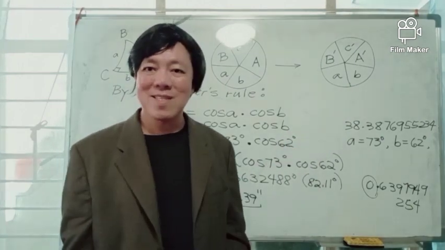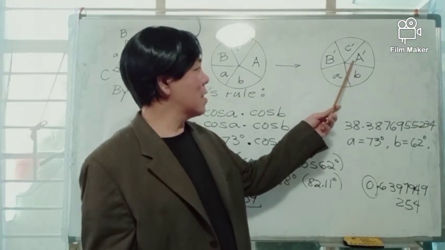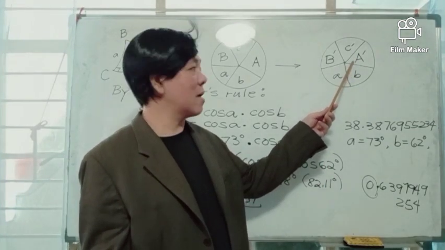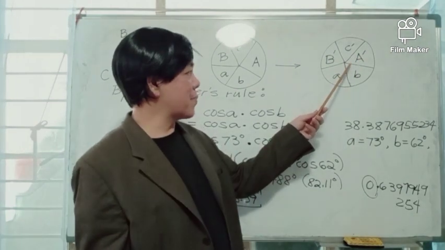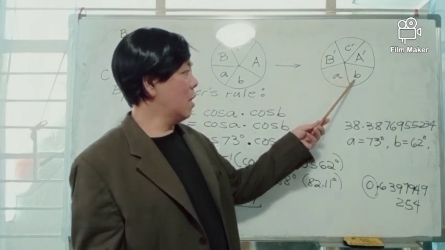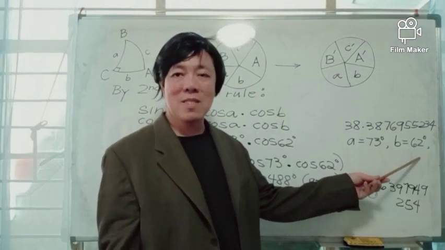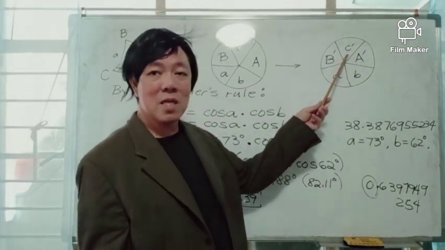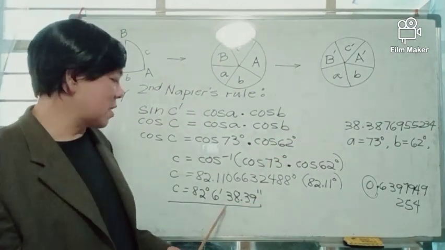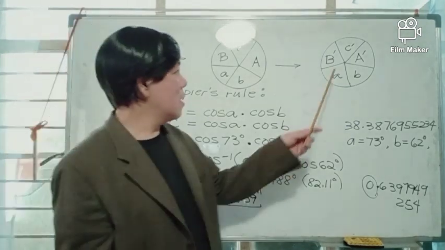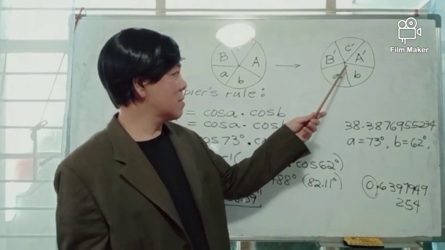By the first Napier's rule, the sine of capital A prime is equal to the product of the tangents of the adjacent parts, small b, which is given as 62 degrees, and tangent of c prime. And we have c, 82 degrees, 6 minutes, 38.39 seconds. Therefore, we can use the first Napier's rule to write the equation.